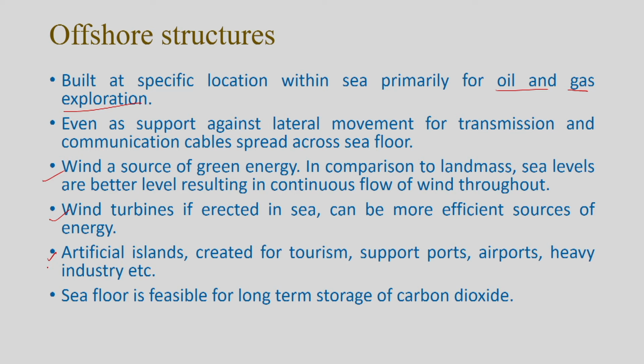In addition, artificial islands are being created as support ports in order to minimize ship movement along the actual seashore. Material which is imported can be dropped there, and from there it can be transported to the mainland through small ships. So, those are called support ports.